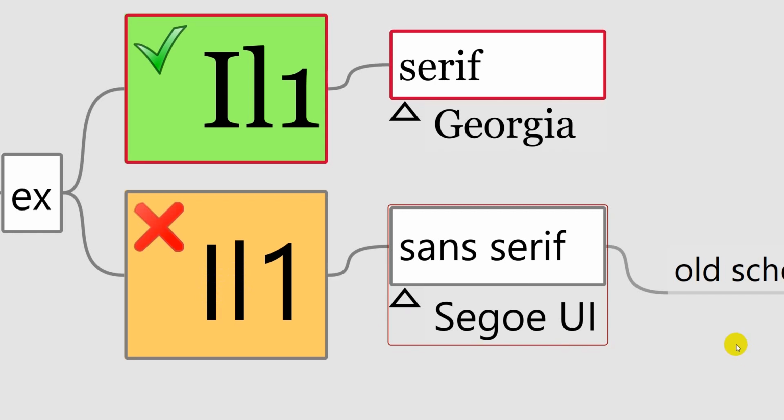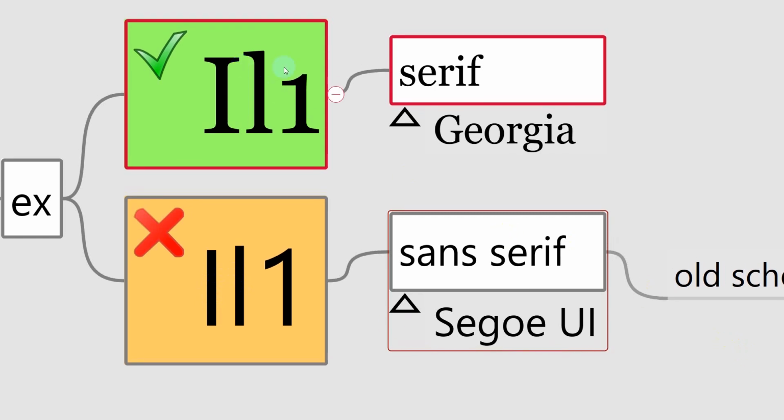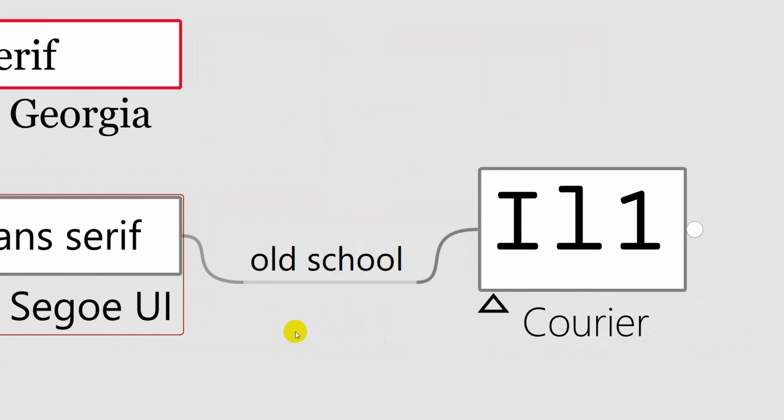Now, a serif font has these little decorations on the bottom, which make it a lot easier to use. And to go back to old school Courier, again, it's easier to tell what those are.